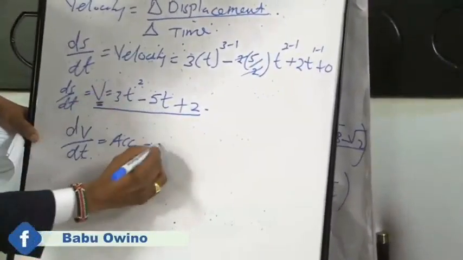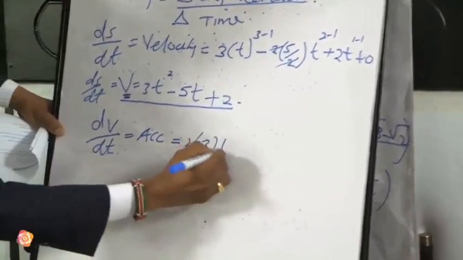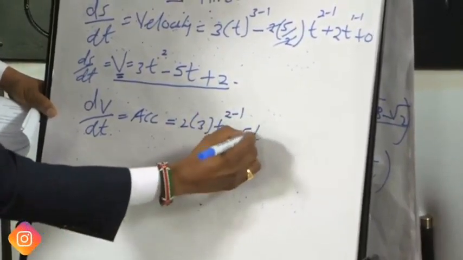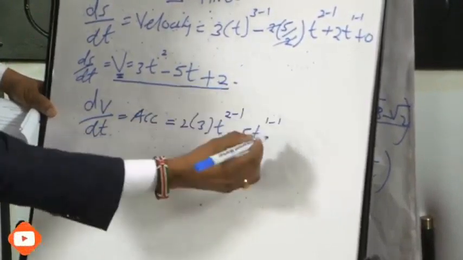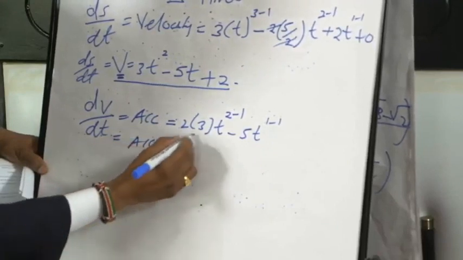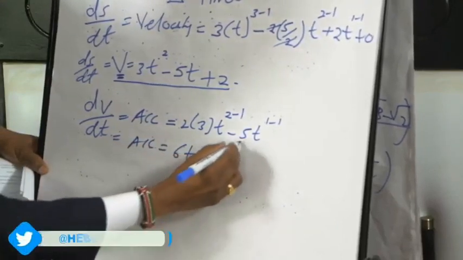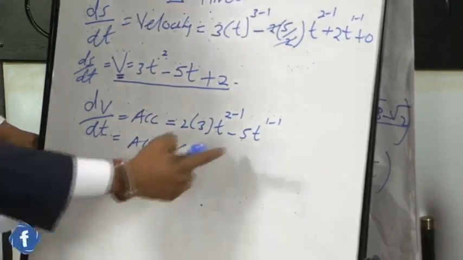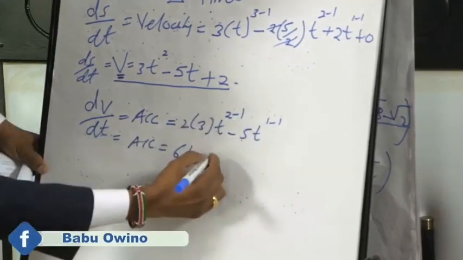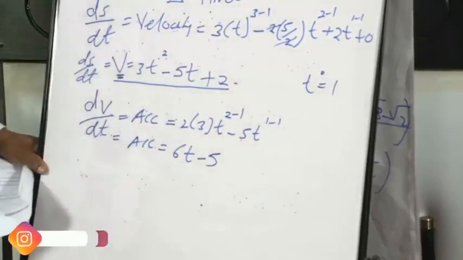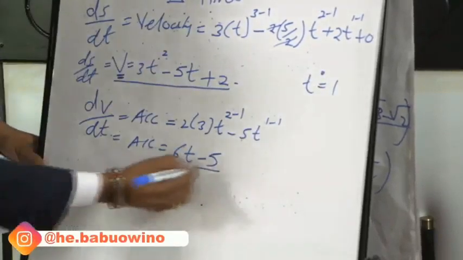You bring 2 down, multiply by 3, t to the power 2 minus 1, minus 5 into t to the power 1 minus 1, which is 0. So our acceleration equals 6t minus 5t raised to power 0, which is 5, because t raised to power 0 is 1. So this is our acceleration.